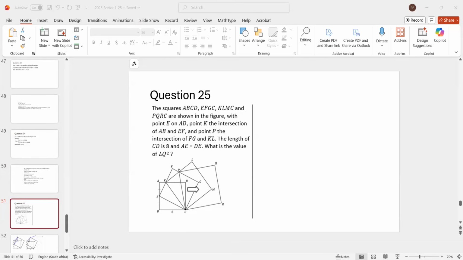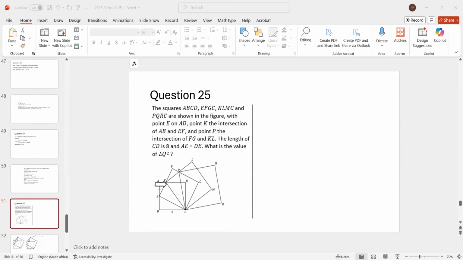So now you do the same thing with this square here. On this line here, you draw a square. Then you take the midpoint of this. No, actually, not a midpoint. You see where it intersects.